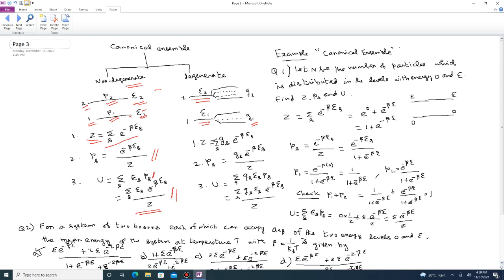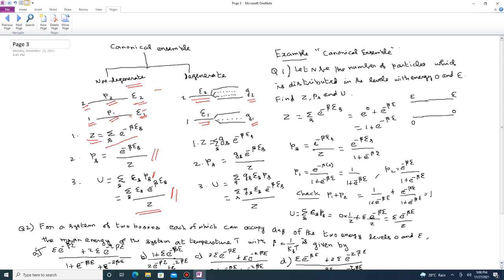So there are G1 states corresponding to the same energy level E1. This is called the multiplicity of the level. The multiplicity of the level is G1. Similarly, let us assume G2 is the number of states corresponding to energy level E2. So the multiplicity of level 2 is G2. If you have more states corresponding to the same energy, this is called a degenerate system.